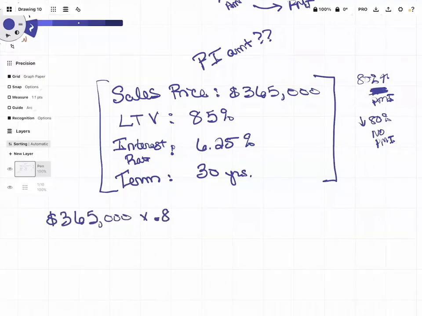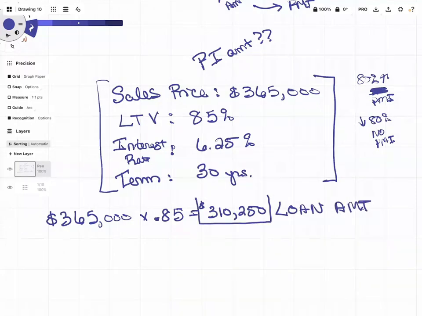Then our borrowed amount is 310.25, so 310,250 is our loan amount. Okay. Now what?